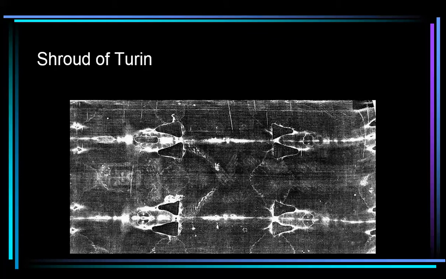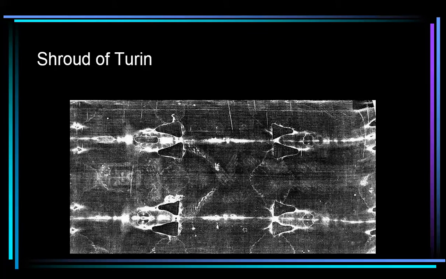For example, here it is, the Shroud of Turin. Have you heard of the Shroud of Turin? This is a negative of the supposed burial cloth of Christ. I'll show you a video of this.